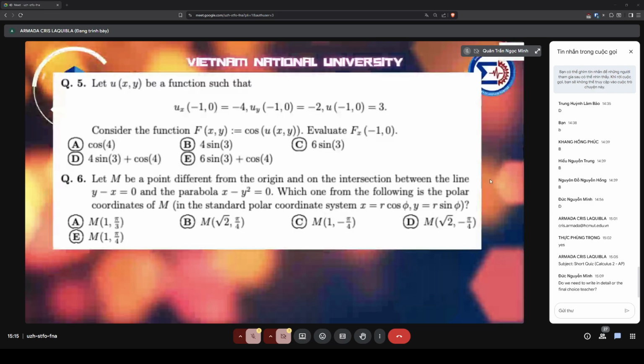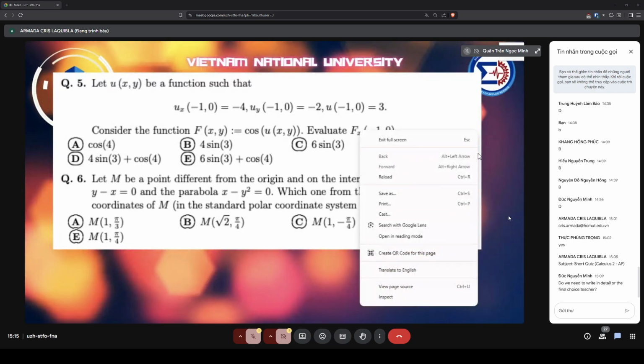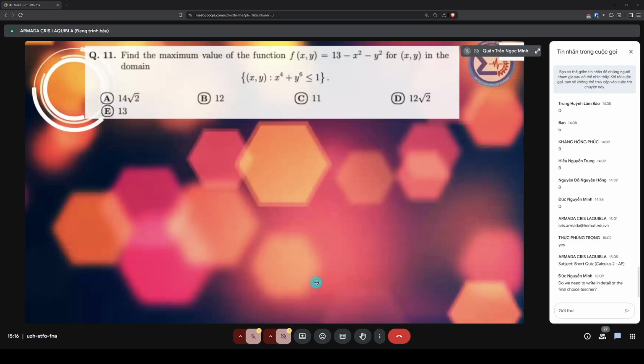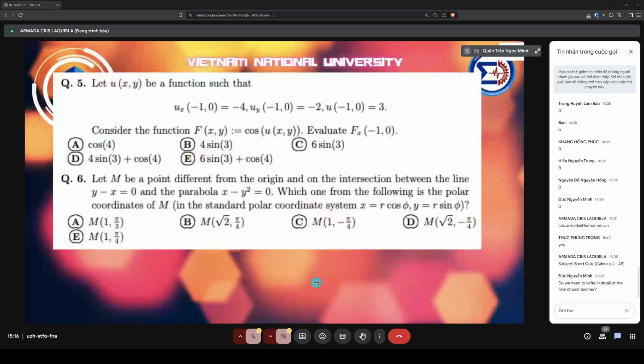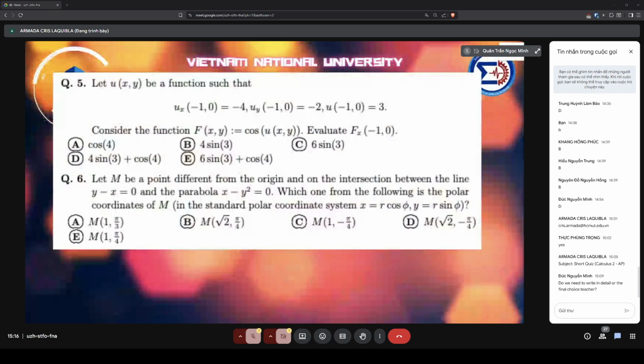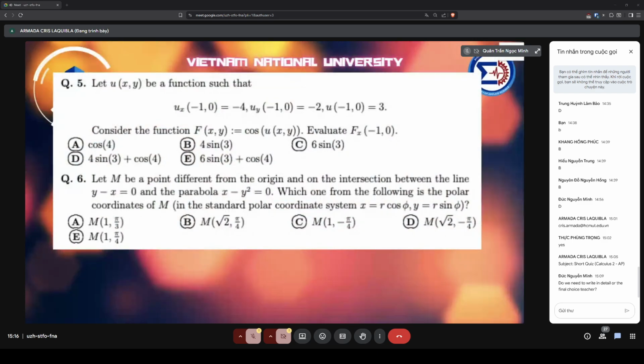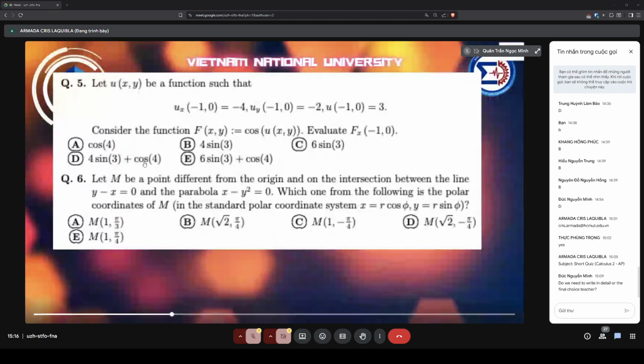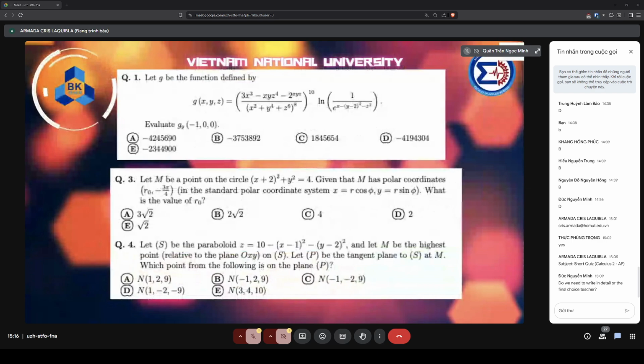Okay. If you do not have access in the LMS, you can take a photo of this there on screen. Okay, I'll give you like 1 minute to take a photo of this.